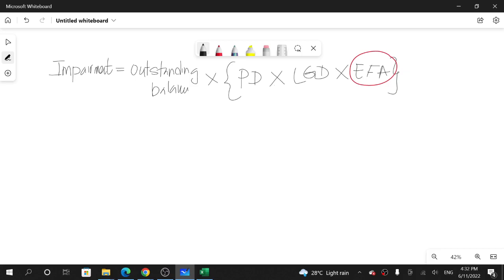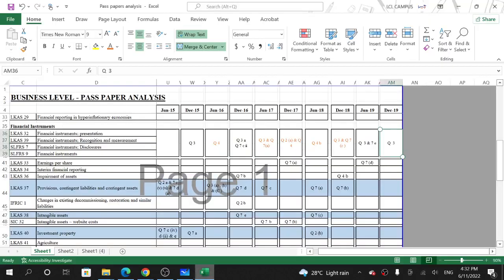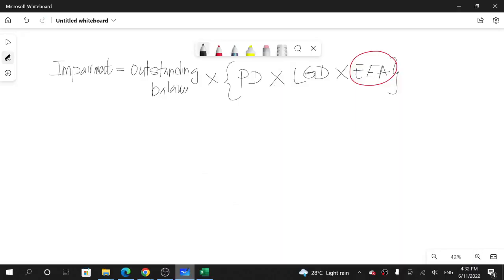Now you have this data ageing. What are the ageing buckets you have?